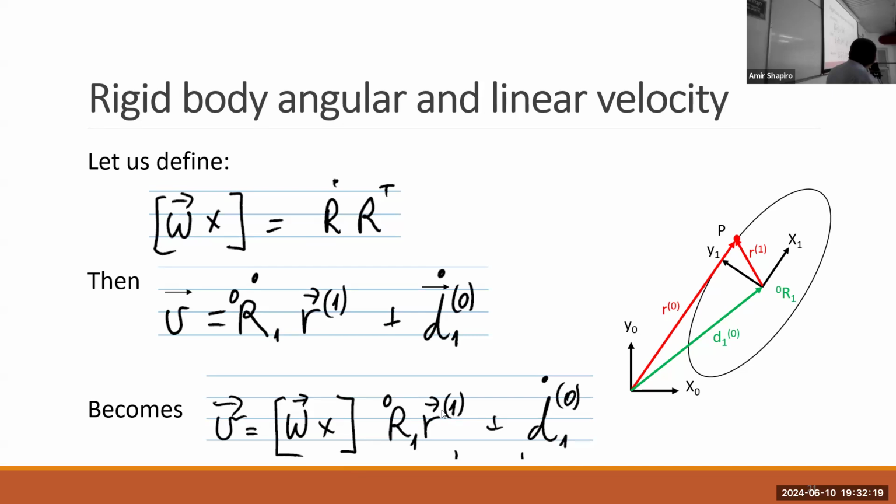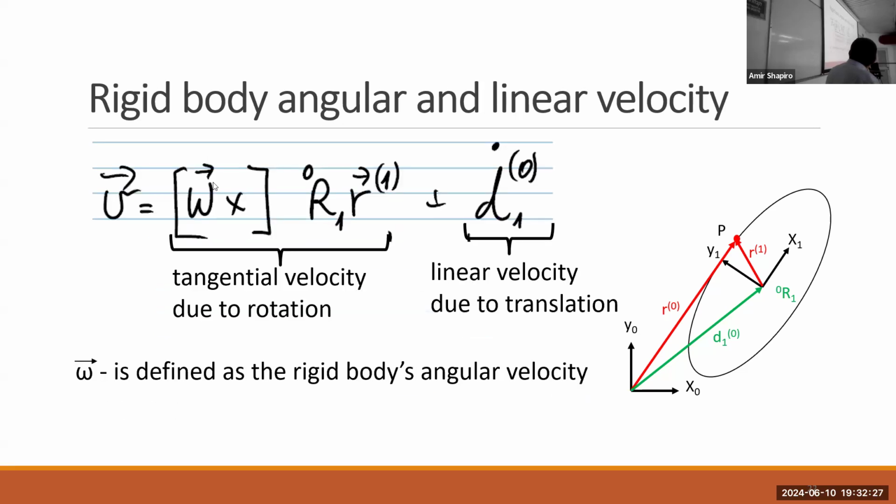And this is times R1 and D dot. So we take this and see what this is. This omega cross R dot R1, and when we multiply R by R1, this is actually R0. And this is omega cross R. Omega cross R is the tangential velocity due to rotation, as we know from dynamics.